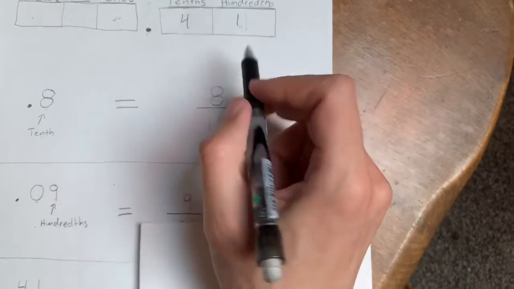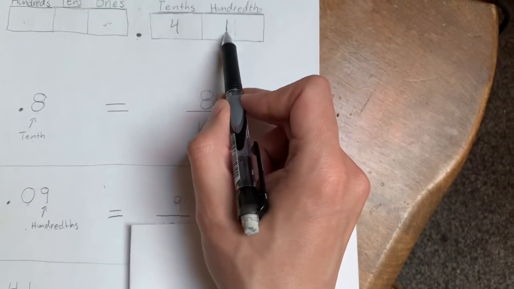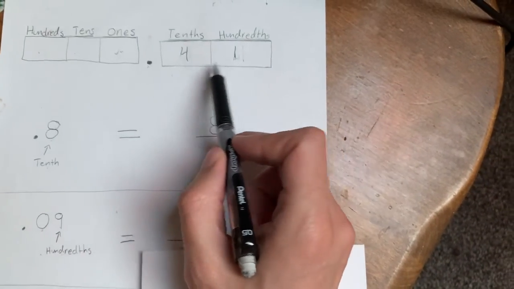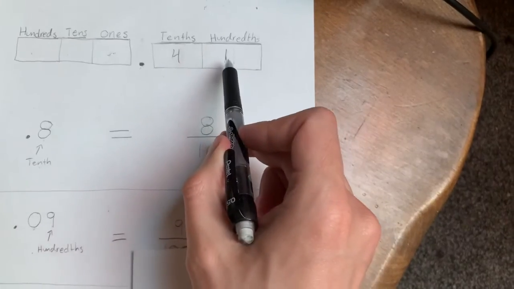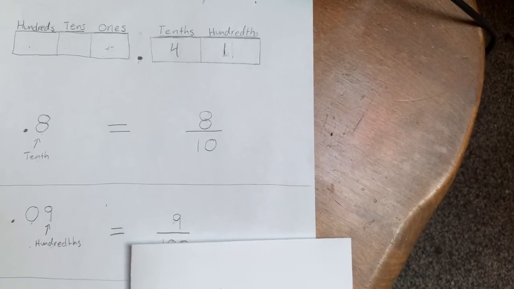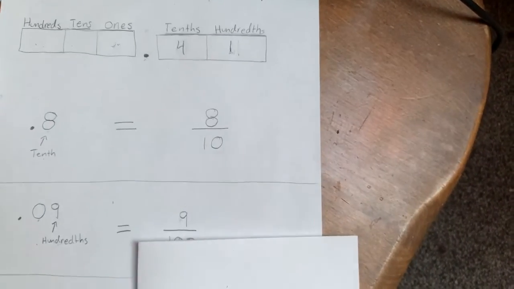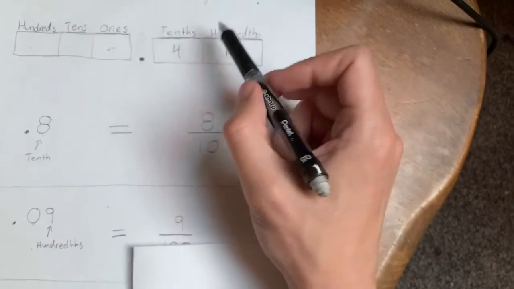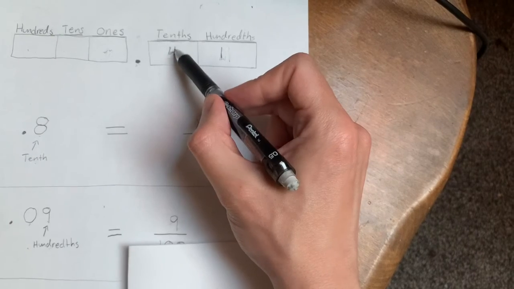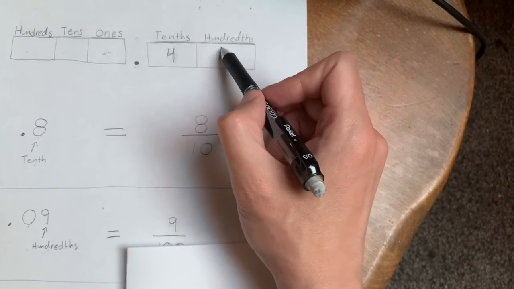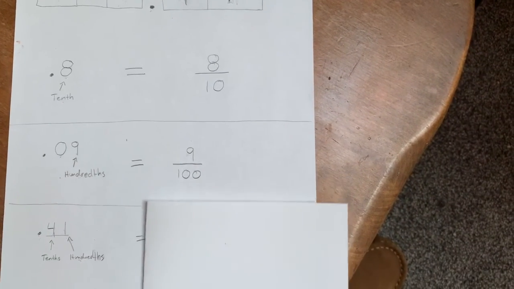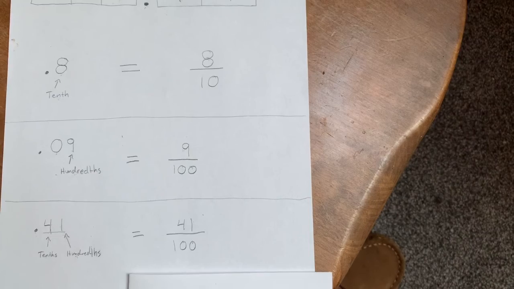So since we have a number in the hundredths place, we know it will be over 100, because we'll need 100 hundredths to equal 1 whole. So we're going to make it over 100. So this number would be, we know 4 tenths plus 1 would be 41 over 100. 41 over 100.